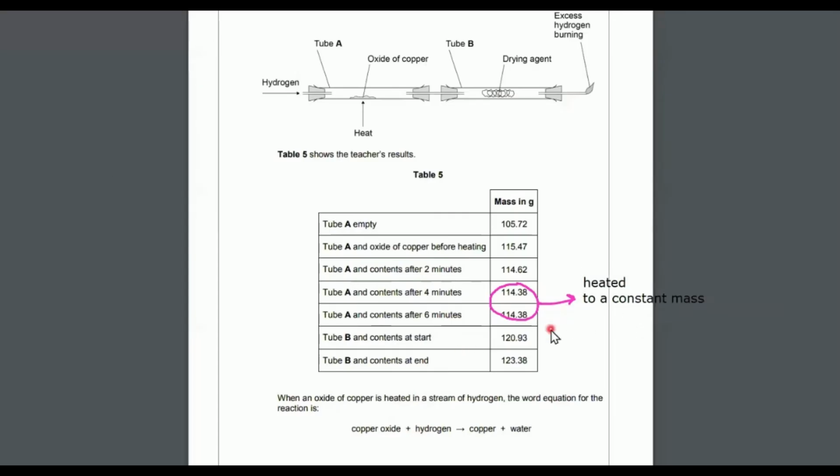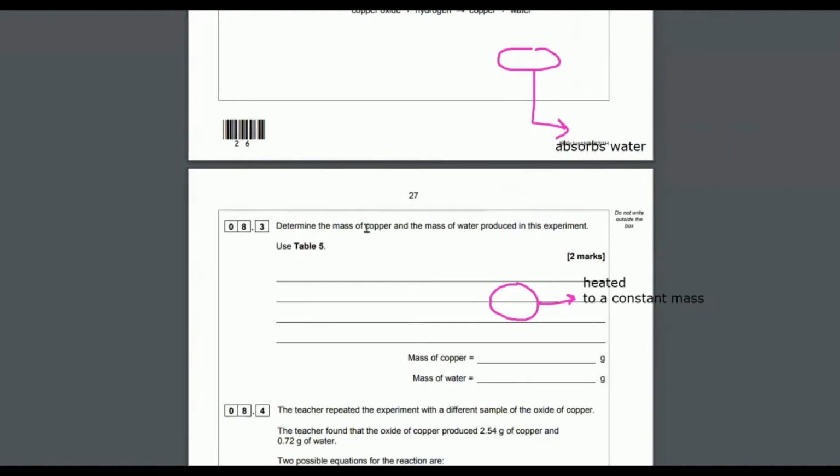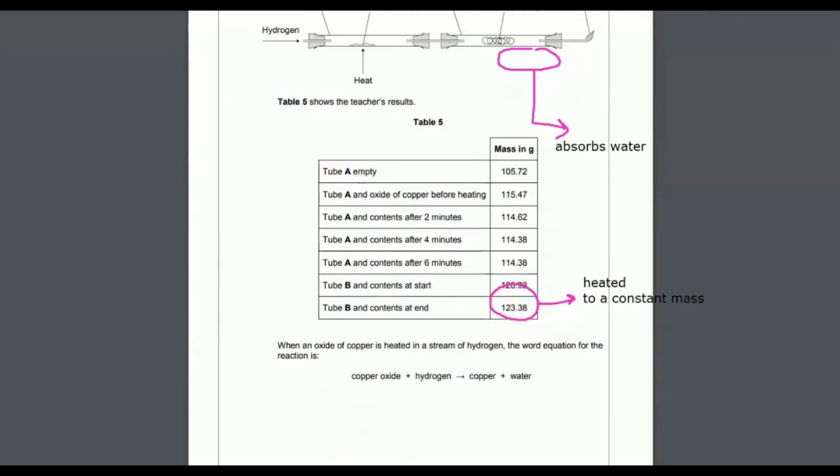So we can tell that tube A has been heated till a constant mass, because they got two identical readings. We've got a drying agent absorbing any water that is released. The water is formed when the hydrogen reacts with oxygen from the copper oxide. Determine the mass of copper and the mass of water produced in the experiment.